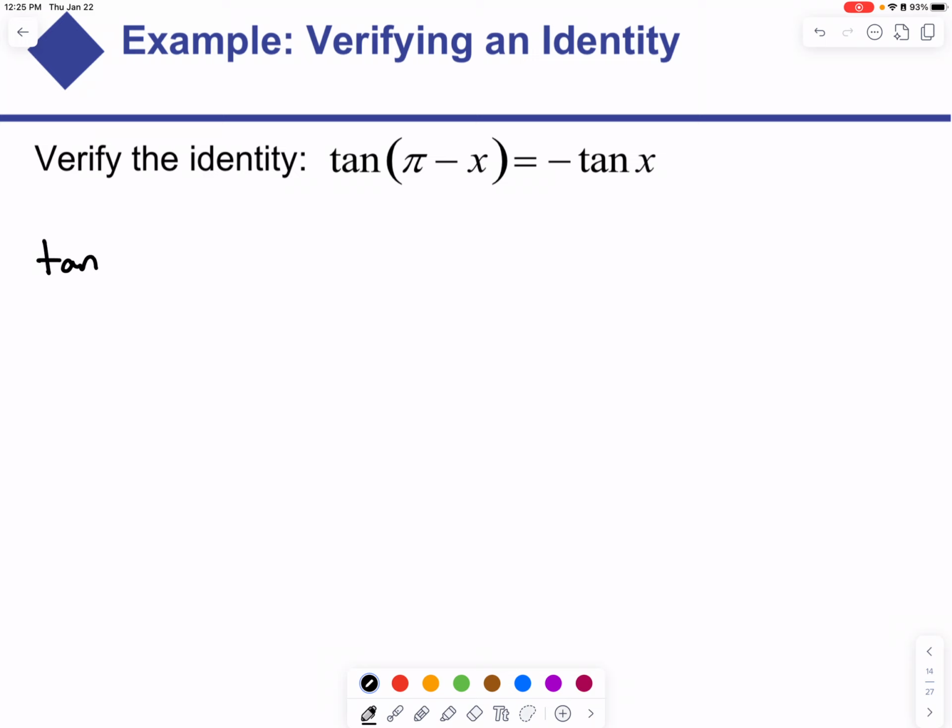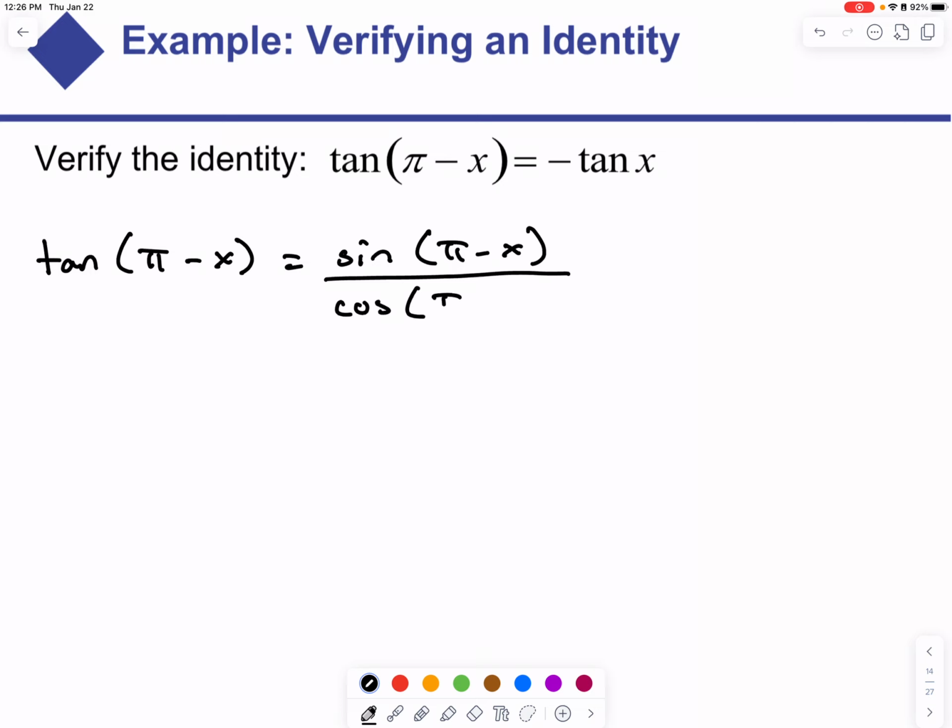The tan of pi minus x. Okay. So I just want to see. Let's do sine of pi minus x over cosine of pi minus x, okay? So if we apply the difference rule for sine, that should be what?